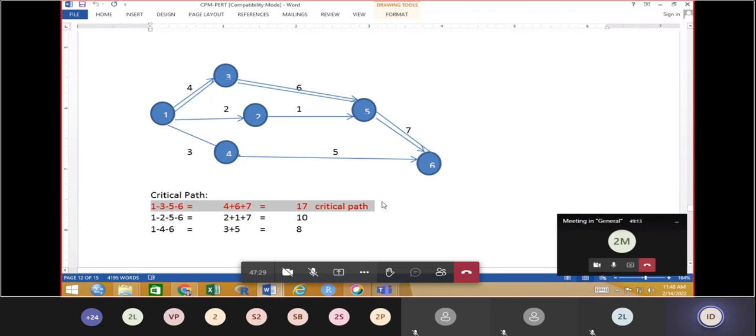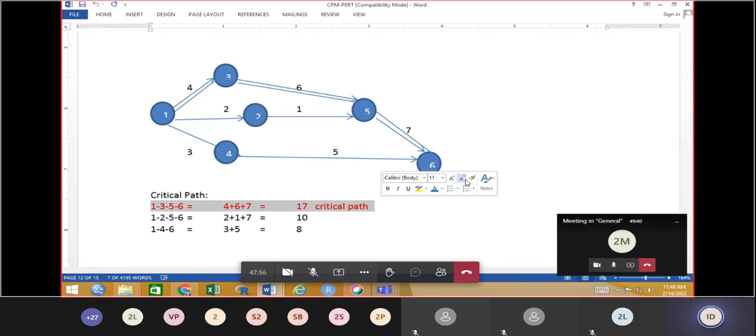This is your answer. Why is the longest path called the critical path? Because if you consider the smallest path, there is a probability that the activities overlap. There is a probability of overlap of each and every activity, and overlapping in a network project is not permitted.